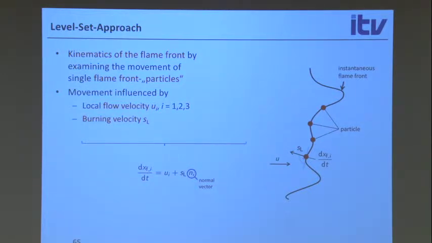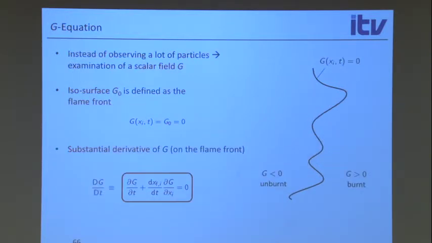This here, basically, the next few slides, they just show what we did already. We started out with a point on the flame surface and said it moves around with a background velocity, and then also by burning normal to itself. So that is a point that is on the flame surface. Then we said we define a level set function.